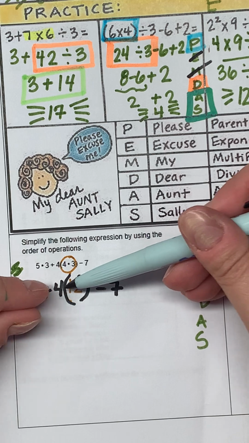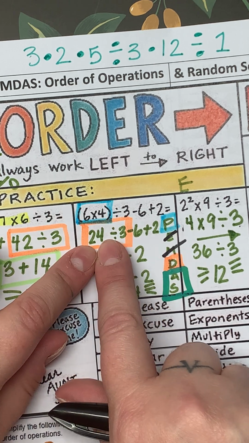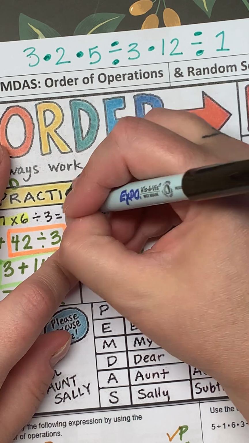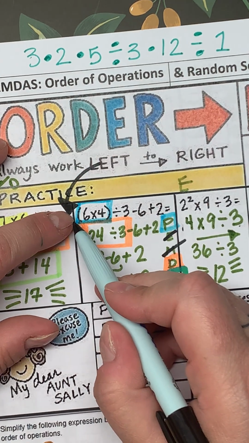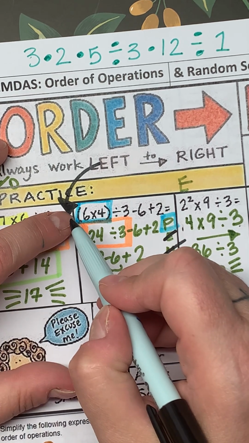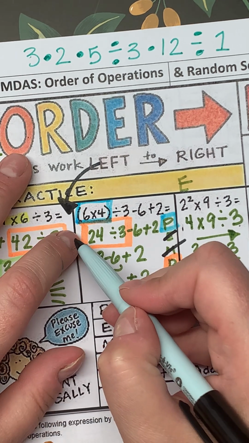So we can't drop the parentheses yet. Whereas if you remember on this 6 times 4, I just wrote 24, bam, no more parentheses. That's because there was no number in front of that parentheses before the 6x. So if there was a number before the parentheses, I'd put 24 in parentheses and keep the number in front.